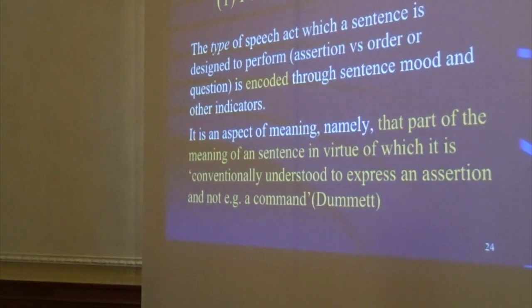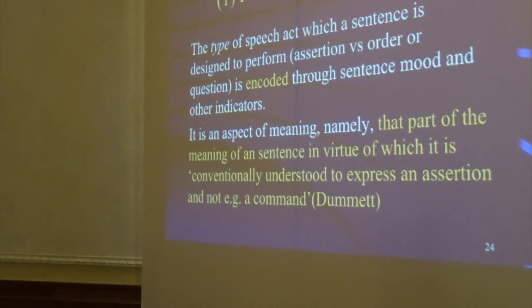Now the two senses, I don't want to spend too much time on that, I've got to hurry up. But basically, when we think of force, there are two notions, and the two notions can be captured by considering that there is one sense in which force is encoded in speech. As Dummett says, there is this aspect of the meaning of a sentence conveyed by, in particular, sentence mood that encodes the sort of speech act, the illocutory act, which you perform when you use the sentence. So if the sentence is an interrogative sentence, it encodes the fact that the speaker who uses that sentence is asking a question.